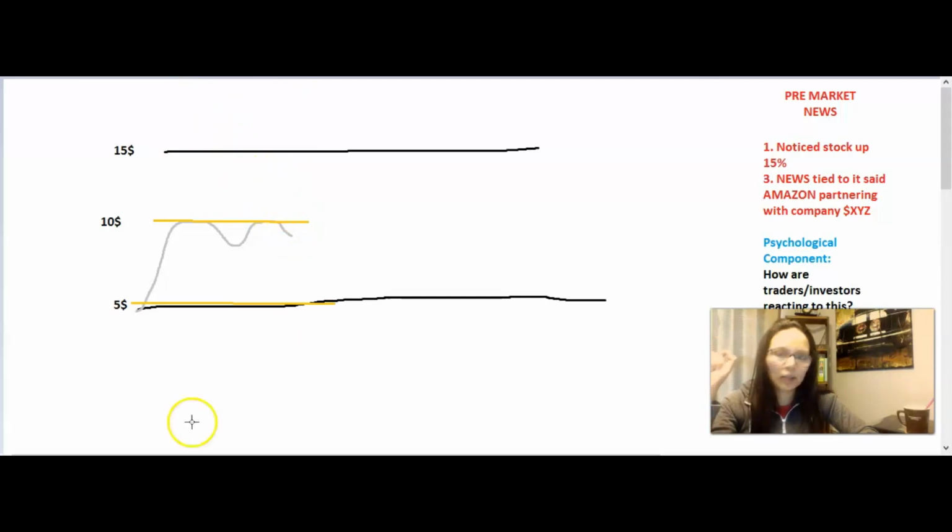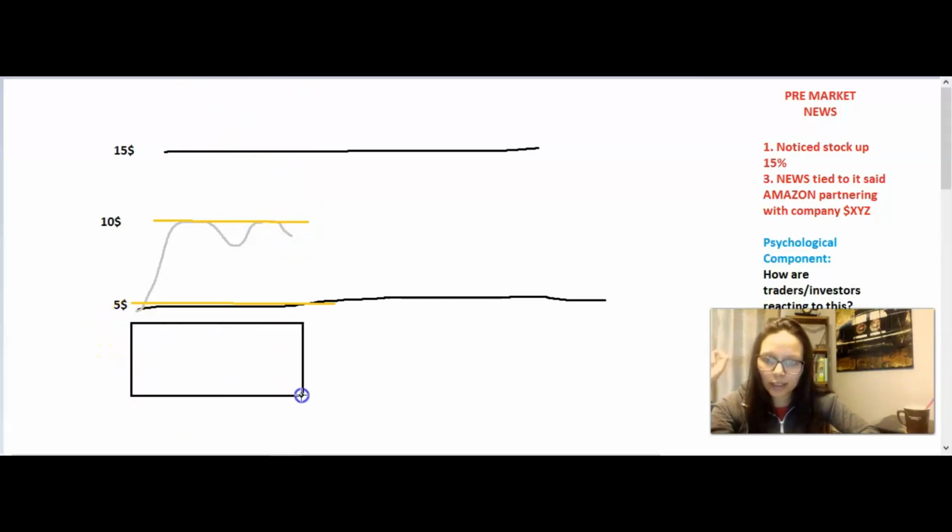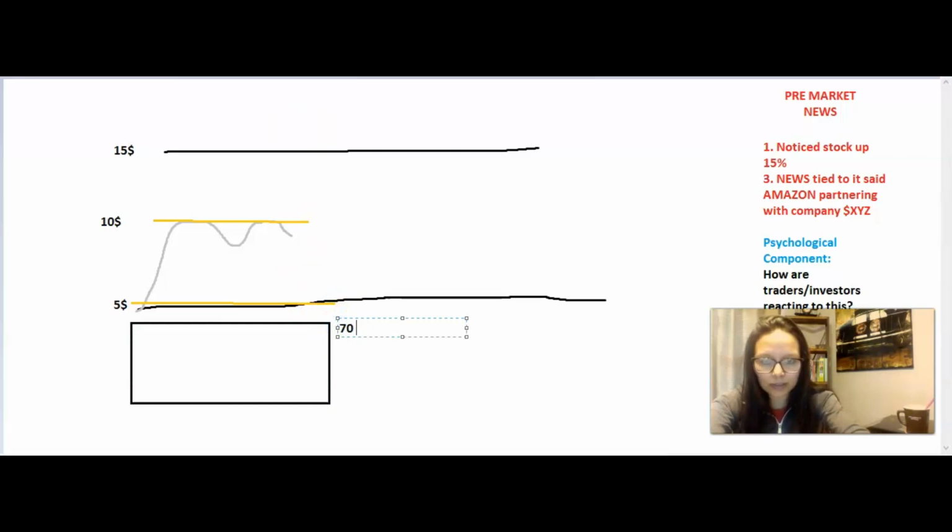All right, so RSI. How do we use RSI, right? There's our RSI. And remember, this is 70. And what does 70 mean usually? It is overbought, right? We got 30 down here. What does 30 mean? Oversold territory, or cheap. You've got to think of it different ways, okay?